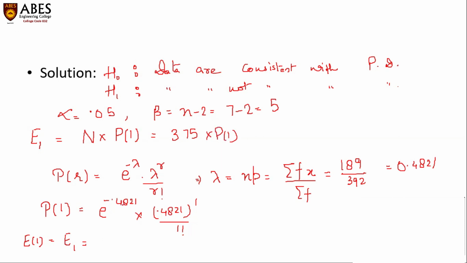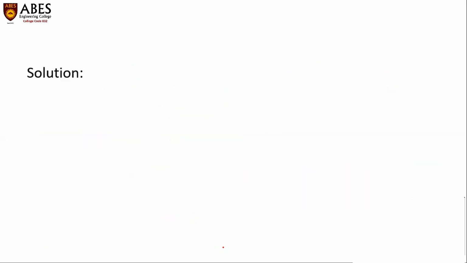I just forgot to write it. 375 into P1. And when you solve this value, you get it equal to 242.1. So this is how we can find E1, right? Similarly, we can find E2, E3, E4, E5, E6, and E7.